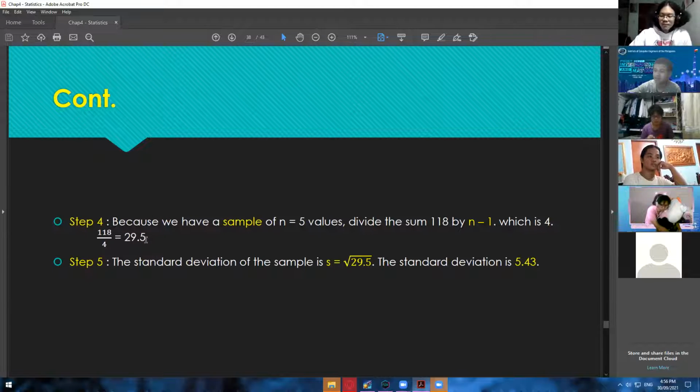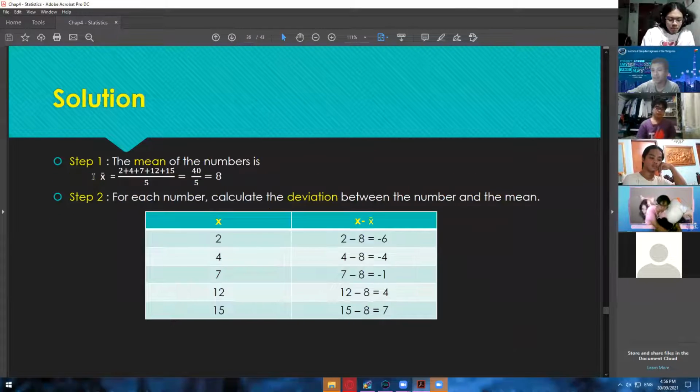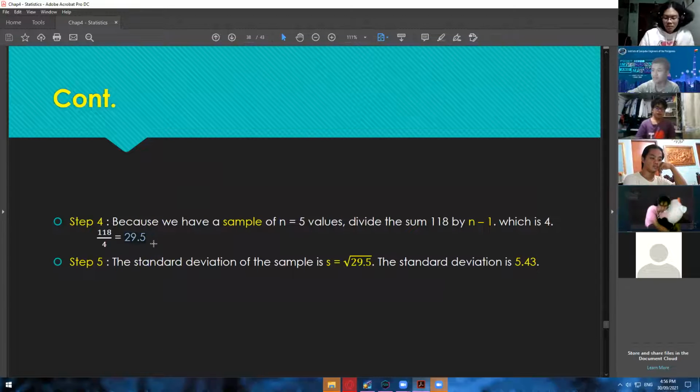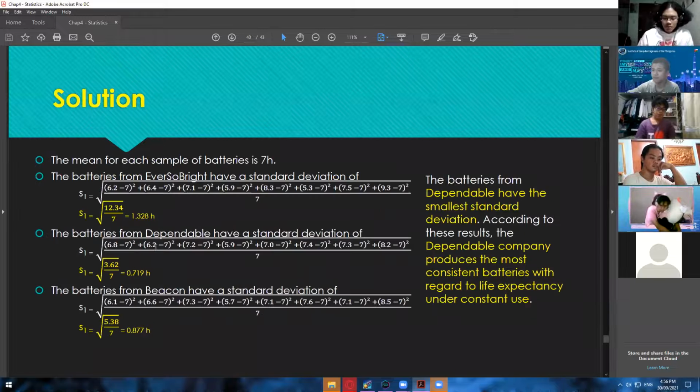So if you are required to solve the variance, all you need to do is get the value of your step number 4. Well, that is only if you did step number 1 to step number 5. But if you are using this one, then all you need to do is square this standard deviation value.